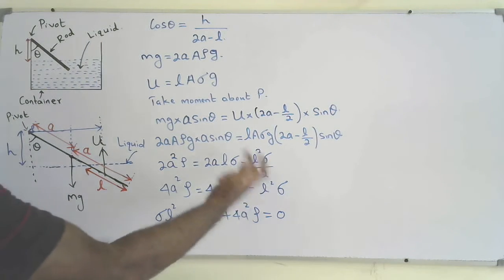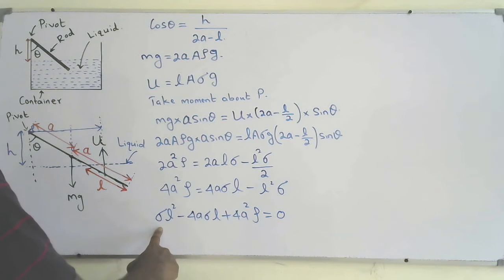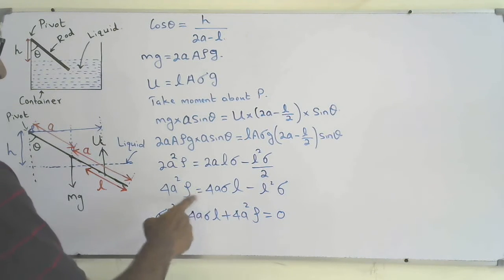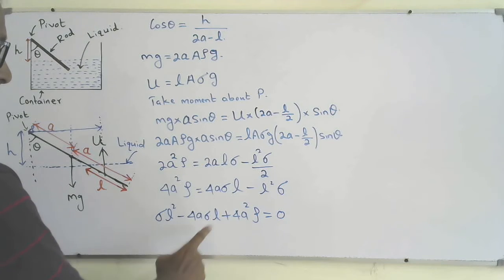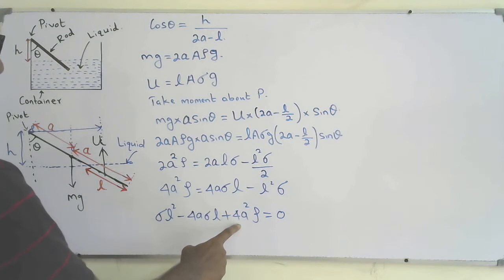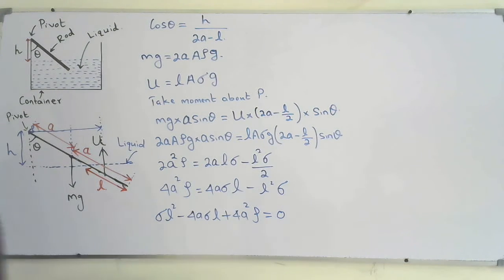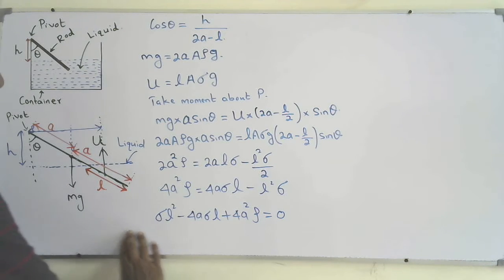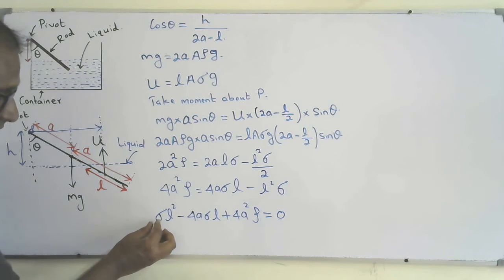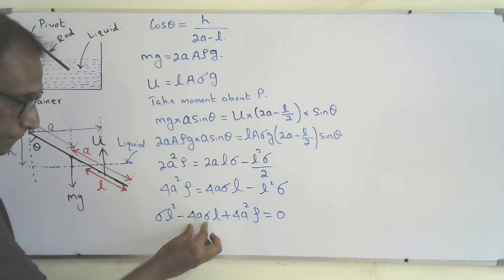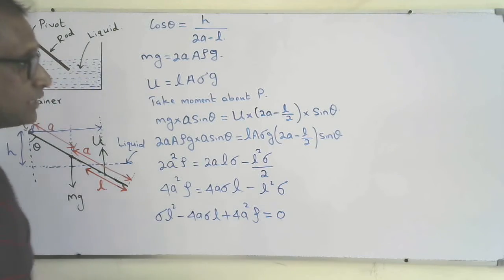So this is a quadratic equation in terms of L. It is in the form of ax squared plus bx plus c equals 0.